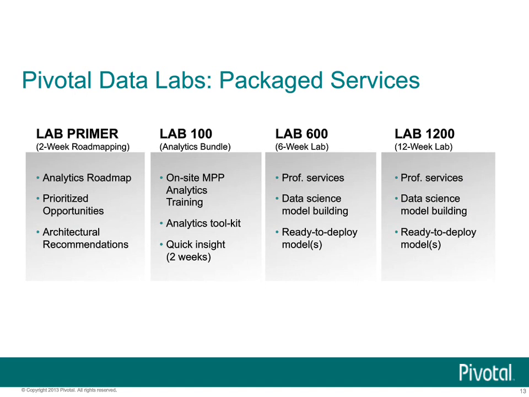In a lab primer, we work with customers to understand what data sources they have and come up with a prioritized list of data science use cases that they could execute on in collaboration with their stakeholders. In a data science lab, we take a specific business problem and work on it for 12 weeks and deliver a data science solution with a code-based framework and a ready-to-deploy model for them to operationalize in their environment.